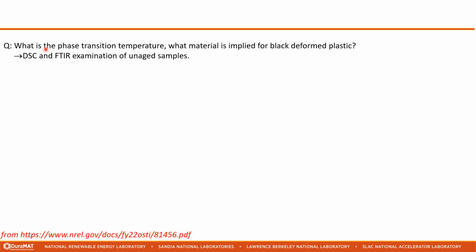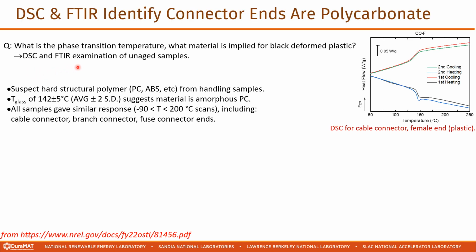Now, one question that comes up is, what's the phase transition temperature and what material is going on if we're getting deformed plastic from our aging? And so we did DSC and FTIR examination of the unaged samples. This shows the DSC results. We suspected a hard structural polymer, just handling the samples.